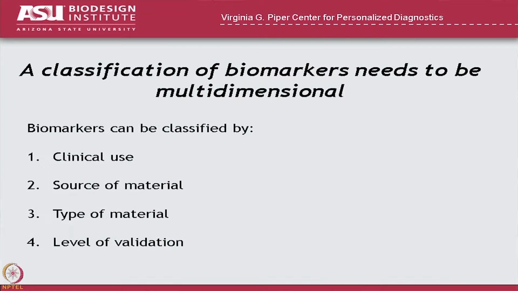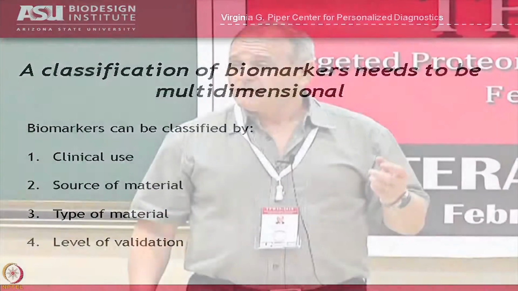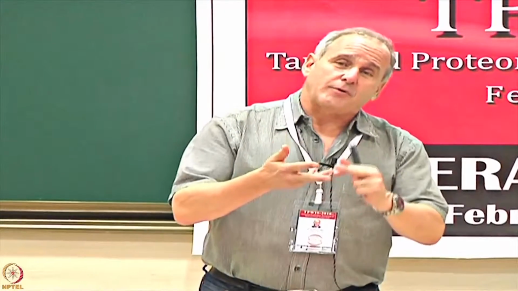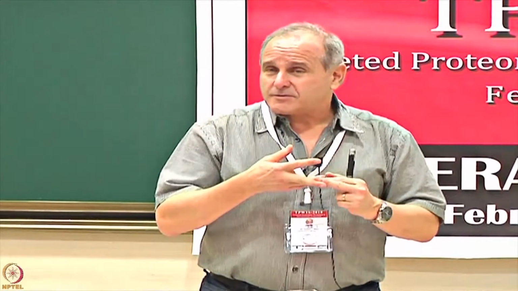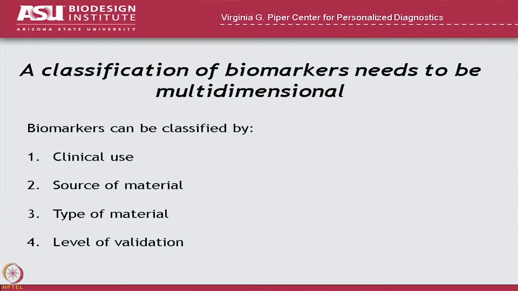What about the source of the molecule? Is it blood? Is it cerebral spinal fluid? Is it urine? You can be looking at DNA, protein, or lipids. So that's the type of molecule. But you could also be looking at blood markers or urine markers. And then the last thing I would say in terms of classifying markers is the level of validation.